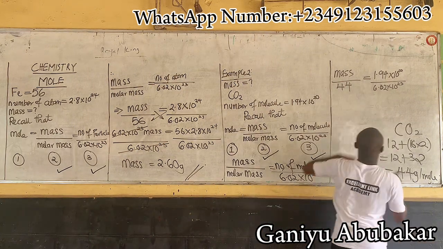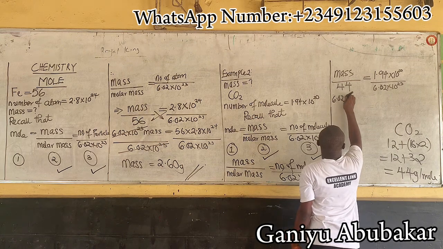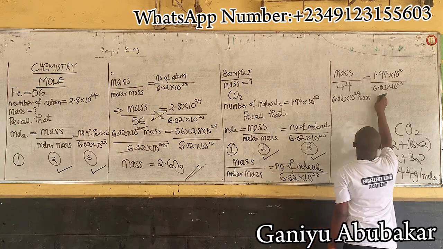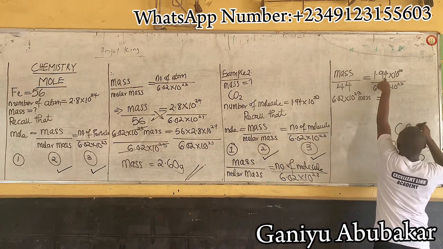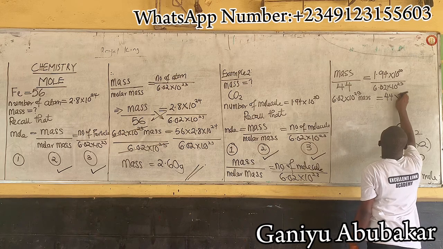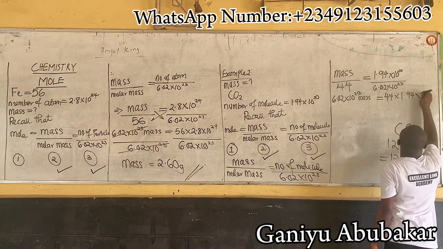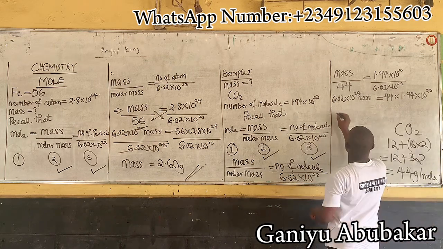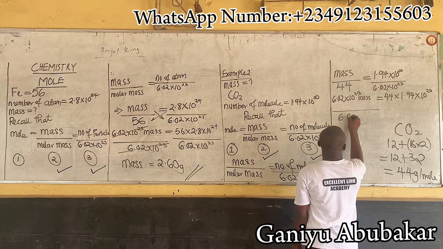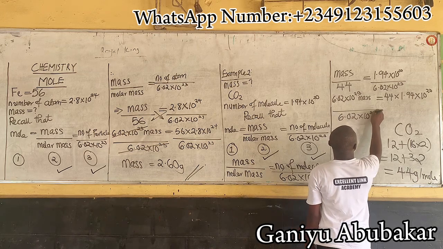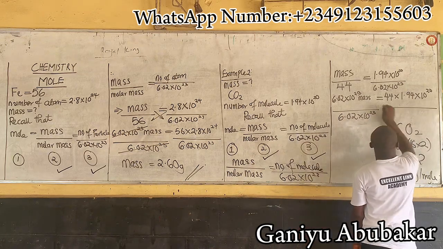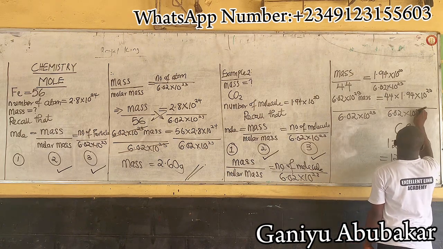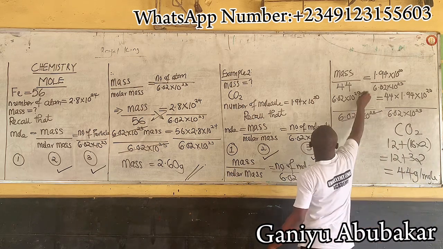Mass times 6.02 times 10 to the power 23 is equal to 44 times 1.94 times 10 to the power 20. I'm looking for mass, so I'll divide both sides by 6.02 times 10 to the power 23, so this one cancels this.